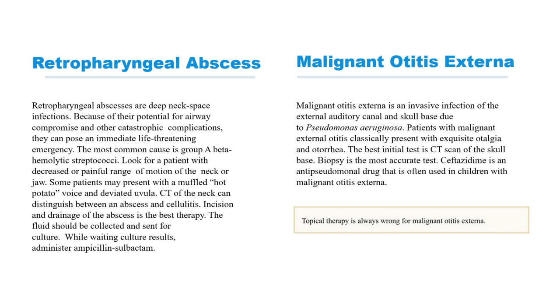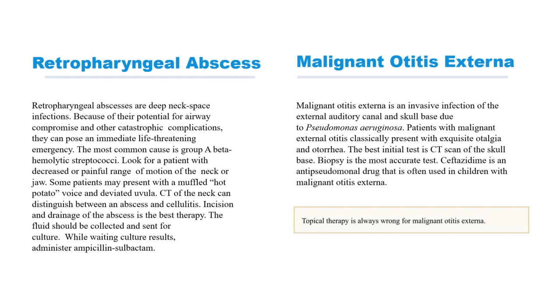The most common cause is group A beta hemolytic streptococci. Look for a patient with decreased or painful range of motion of the neck and jaw. Some patients may present with muffled hot potato voice and deviation of the uvula.